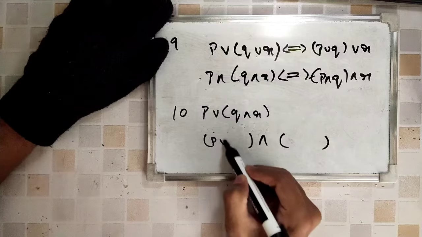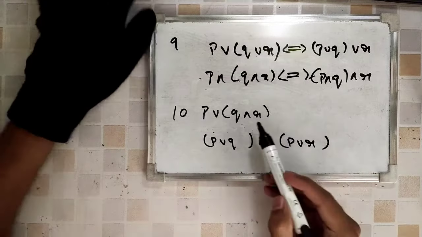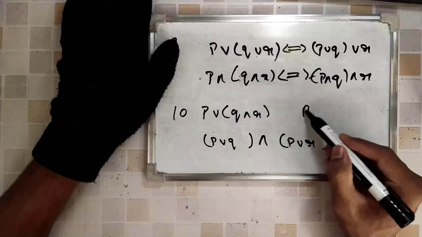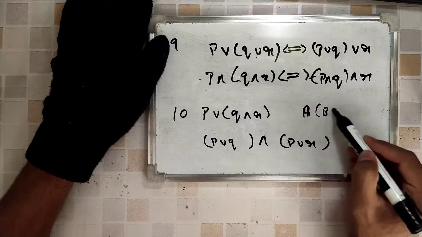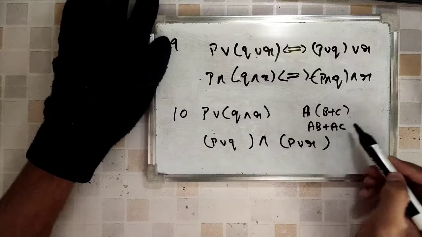Outside of P or Q and P or, it's like a normal multiplication. So you have A, right? A into, if you do B plus C, so it is AB plus AC.